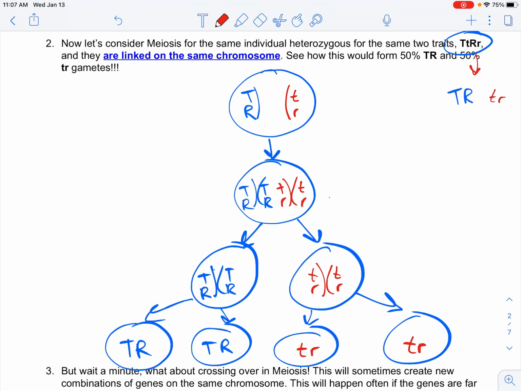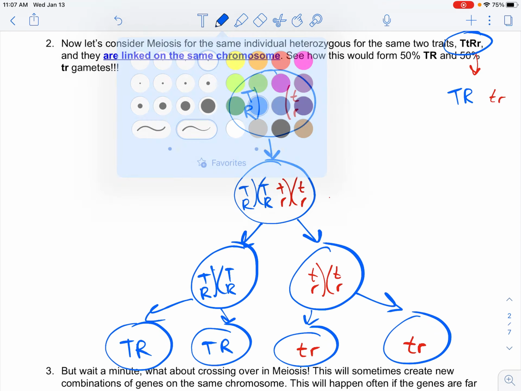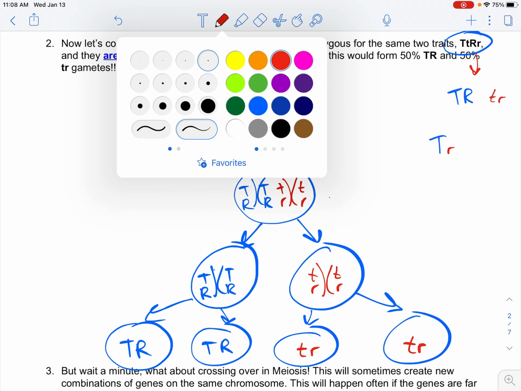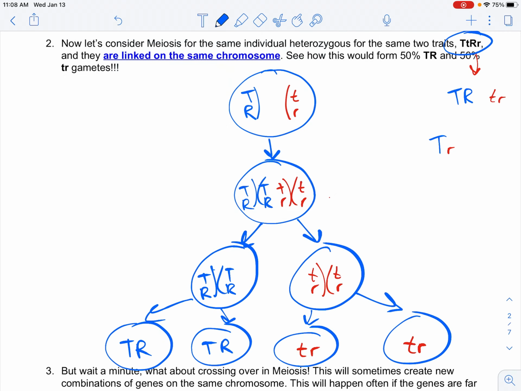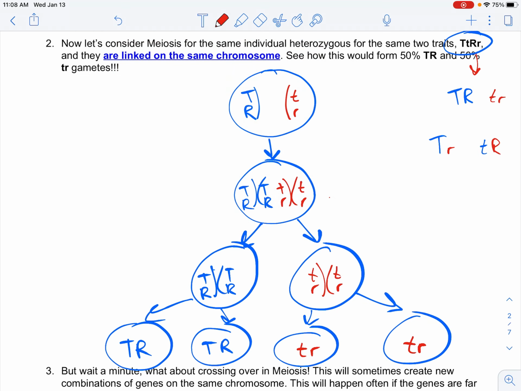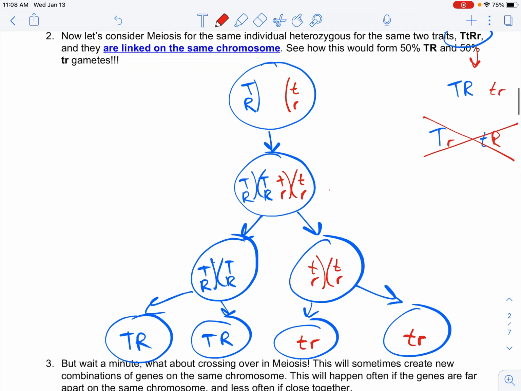So that's why they're called linked, that we're not actually seeing any heterozygous. We're not seeing big T, little t, or we're not seeing those together. We're not seeing the big T, little r together, for instance. We're not seeing that one, or the little t, big R. We don't see those.